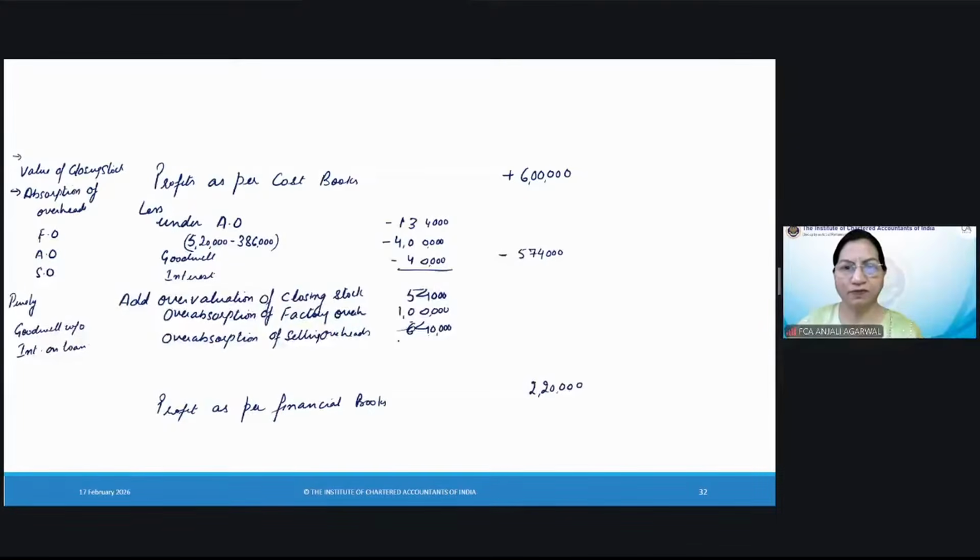Minus 5 lakh 74,000 and plus 1 lakh 94,000. Just check for the answer. 6 lakh minus 5 lakh 74,000 is 26,000 plus 1 lakh 94,000. So you get 2 lakh 20. Okay.